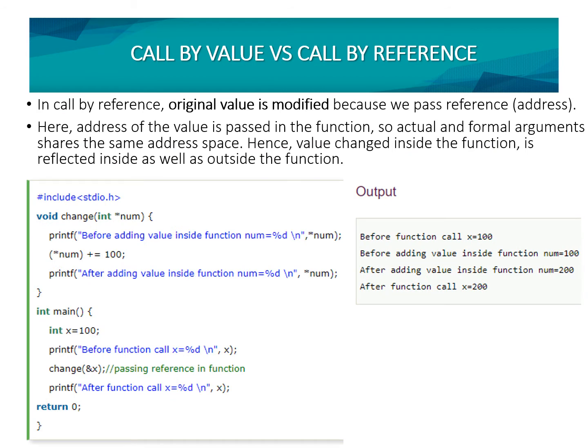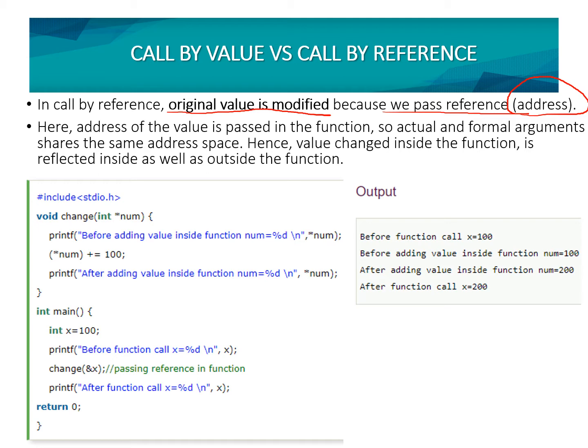Now we look at the example of call by reference, meaning that we modify the original value because we pass the reference, meaning the address of the variable. Instead of passing or copying a value to a function, we can use the address of the value or the address of the variable in the calling function.